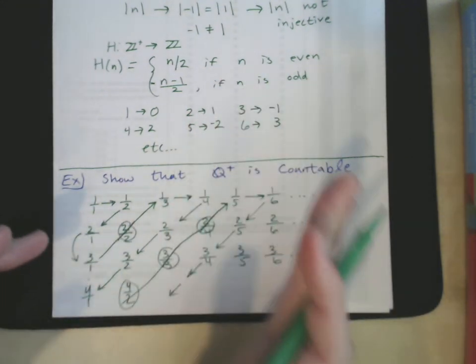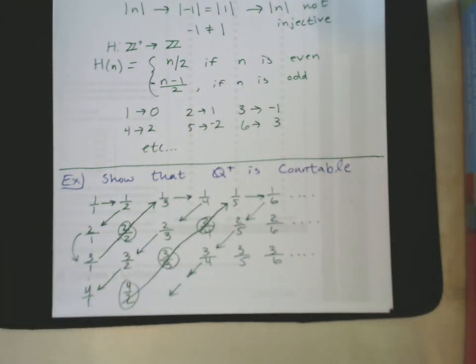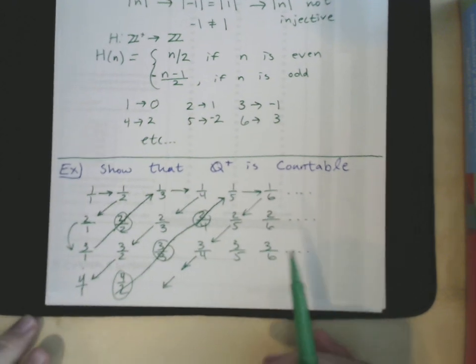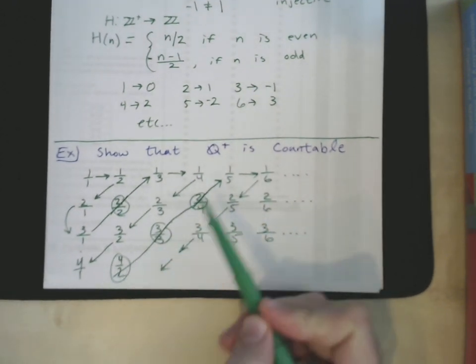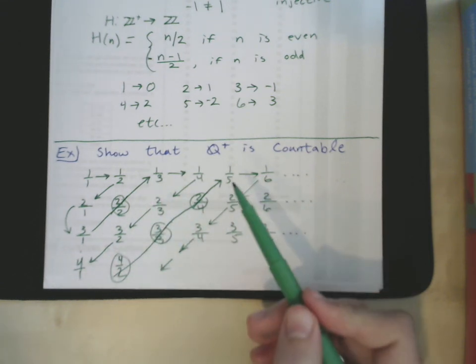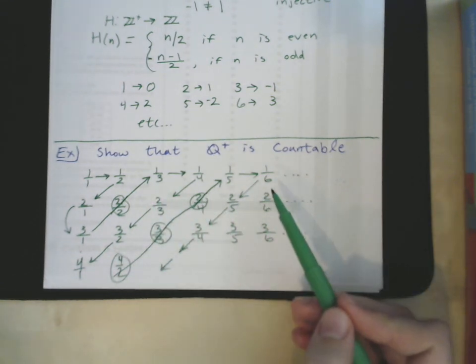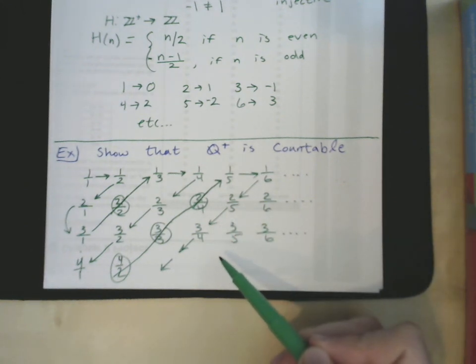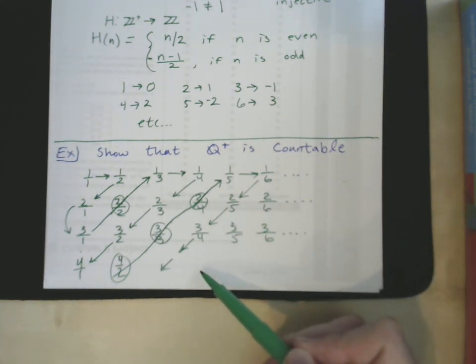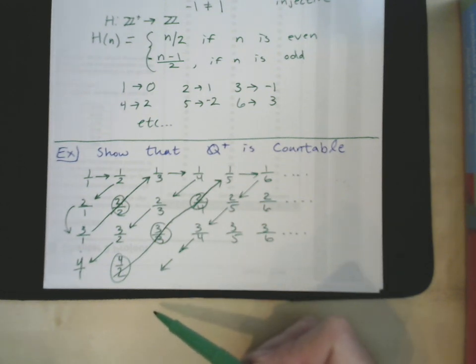But as you go out in this pattern, we really start to get a muddled mix of sometimes we skip, right? These two diagonals we skipped everything. But in this diagonal, for example, we're going to skip 2/6, we're not going to skip 3/5. And then the next one would be 4/4, we're going to skip that, but we're not going to skip 4/3.